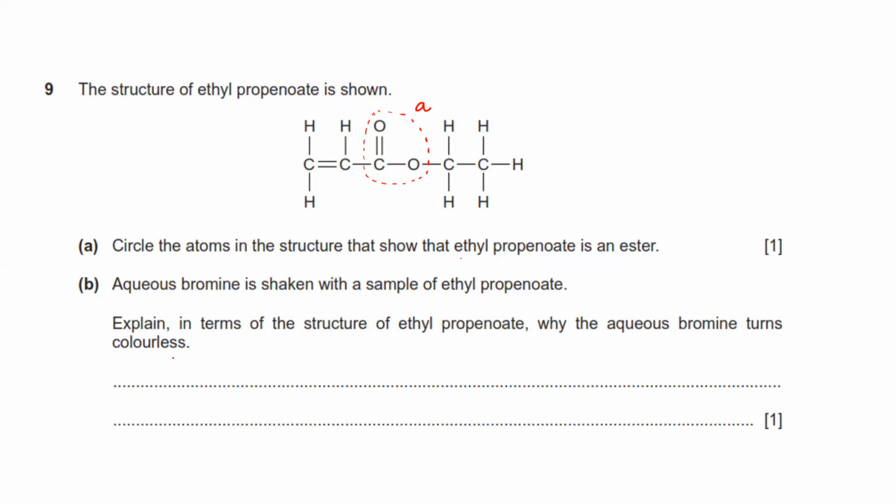So the structure of bromine reacts with the carbon double bond, and that is what is responsible for making bromine go colorless.